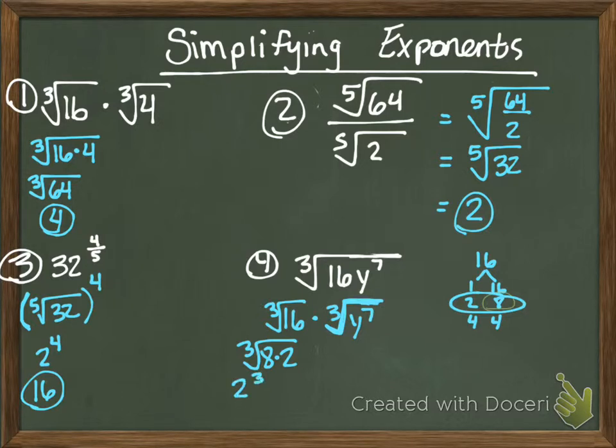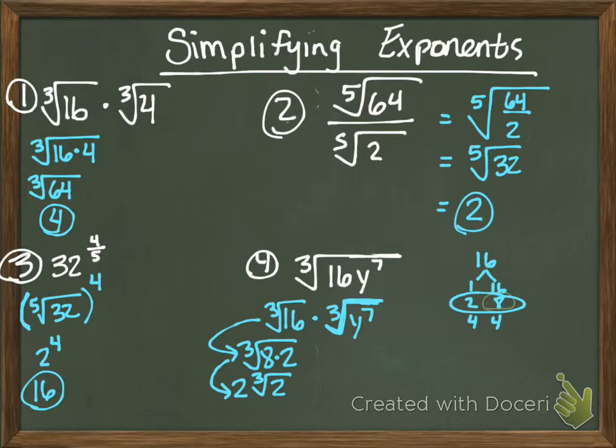I don't know the cubed root of 2. So the cubed root of 16 we rewrote as the cubed root of 8 times 2 because I know the cubed root of 8. I know the cubed root of 8 is 2, so that can come outside the radical. But I don't know the cubed root of 2, so that stays inside the radical. So the cubed root of 16 turns into 2 cubed root 2.